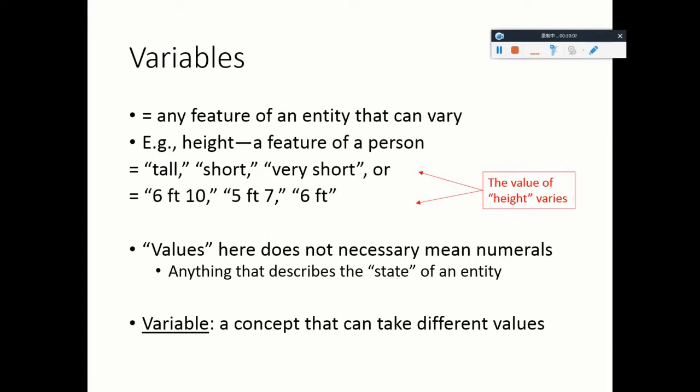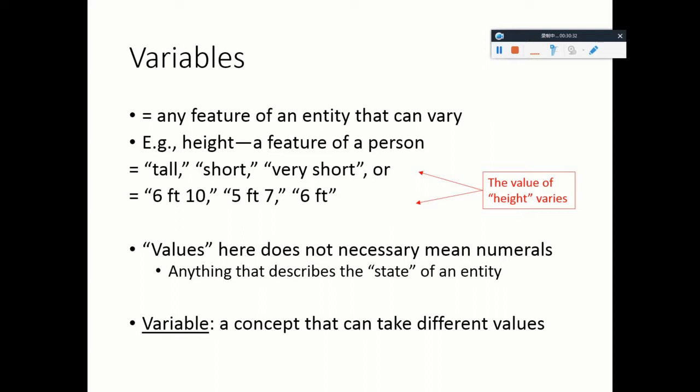So after all this discussion, then we can define variable as follows, right? So again, variable is just another type of concept, but this time we're very specific in saying that it's a concept that can take different values in different contexts across different time periods.